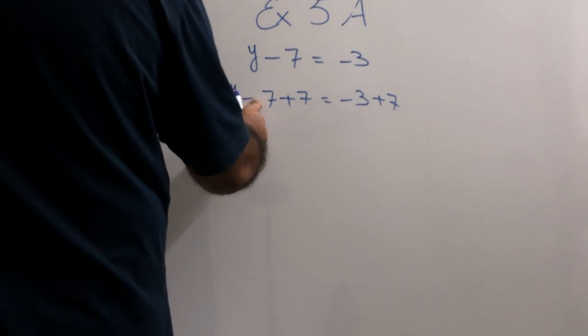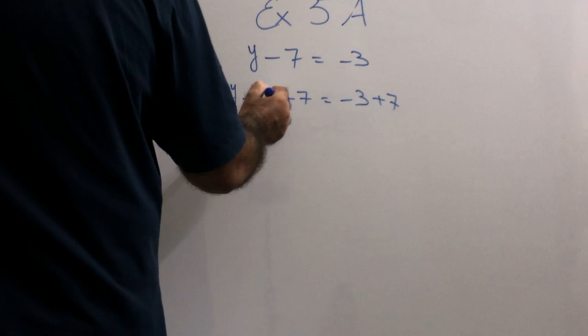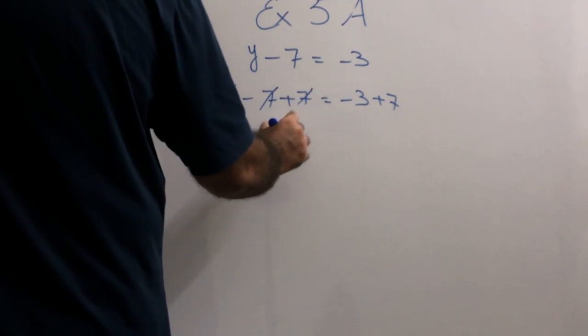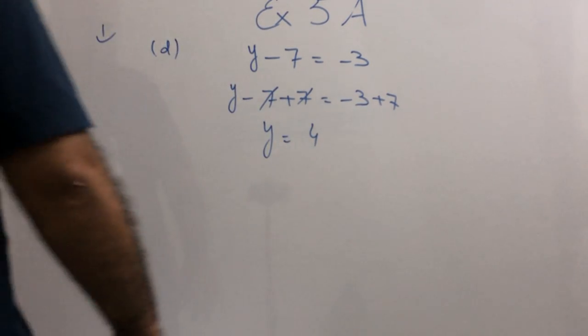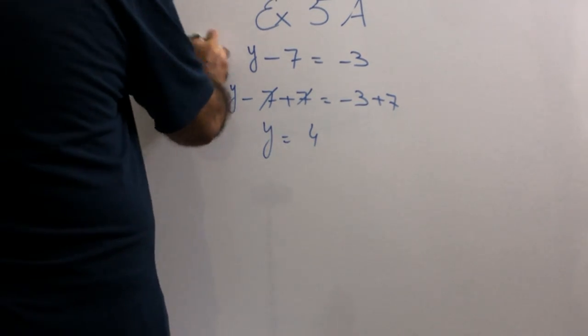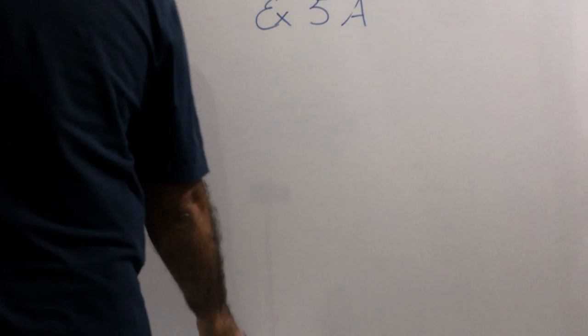This is minus 7, so we'll do plus 7 here and there, so that it will be cancelled out. So y is equal to minus 3 plus 7, which is plus 4. So y is equal to 4. This is the answer for part D. Very simple questions.